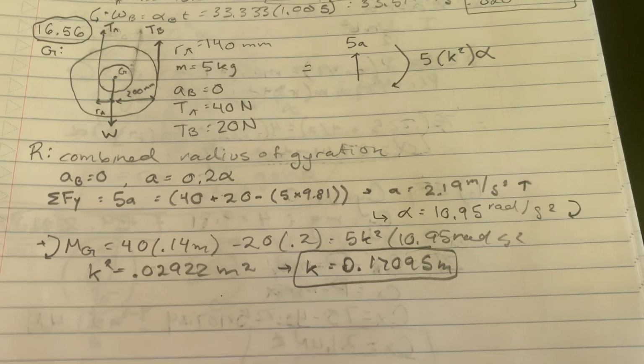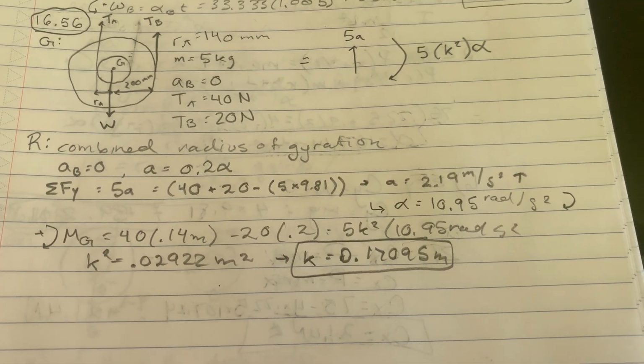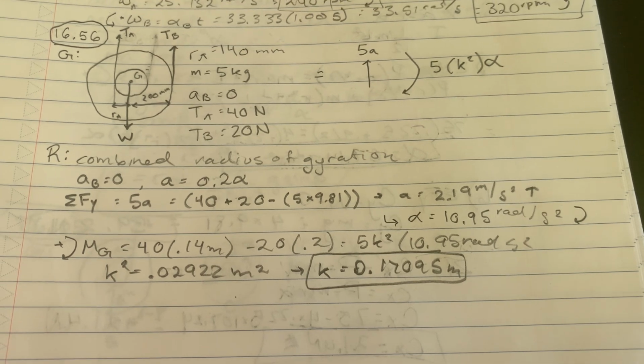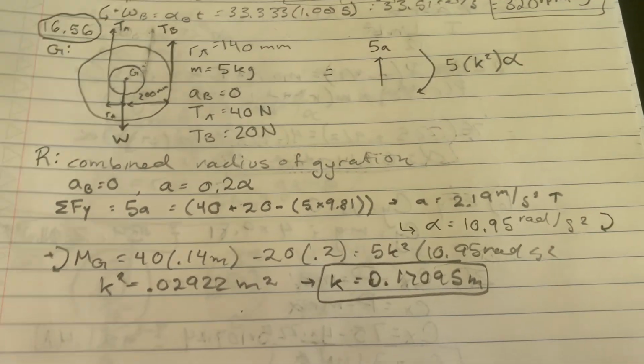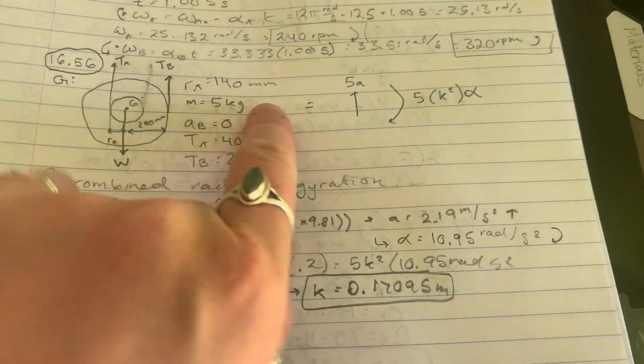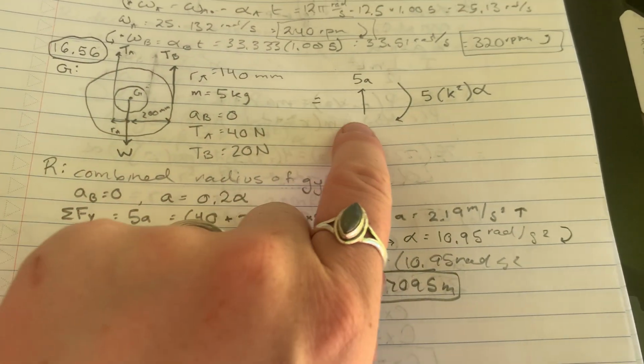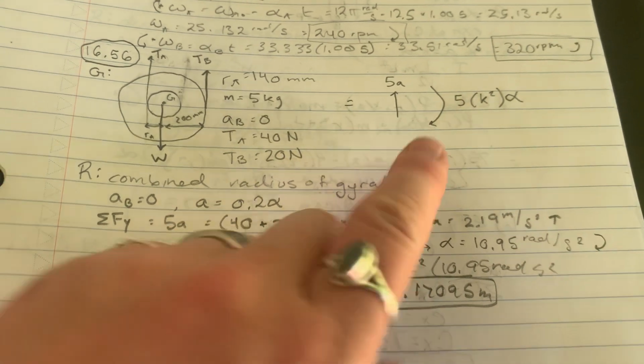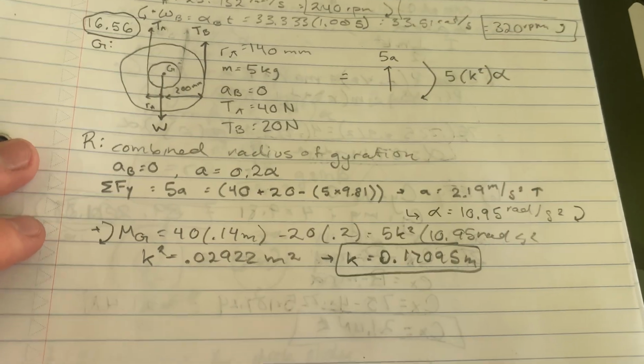And then for the next problem, we want to find the combined radius of gyration based on this diagram right here. I drew out my free body diagram kind of combined into the given, but this is the MA, so the motion part of the diagram.